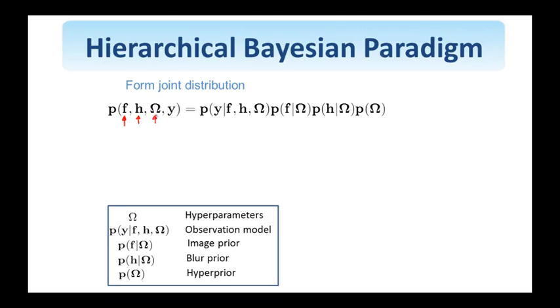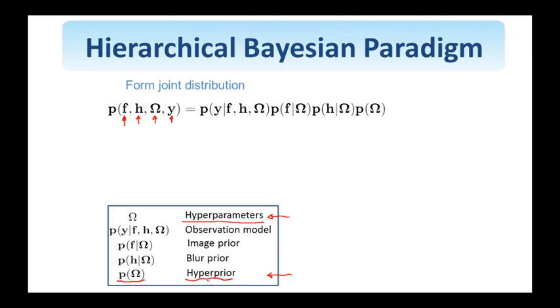This set omega, which incorporates all the unknown model parameters we introduce, is referred to as the hyperparameters, and Y is the observed noisy and blurred image. Now, the hyperparameters are treated themselves as random variables, therefore we bring in information about them through their probability of omega. This is a hyperprior.